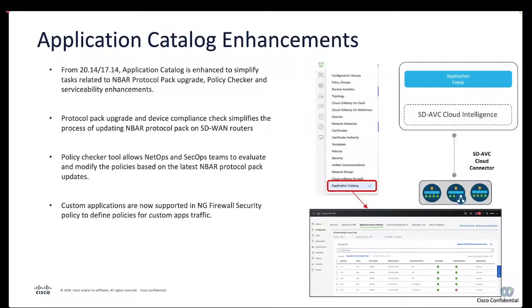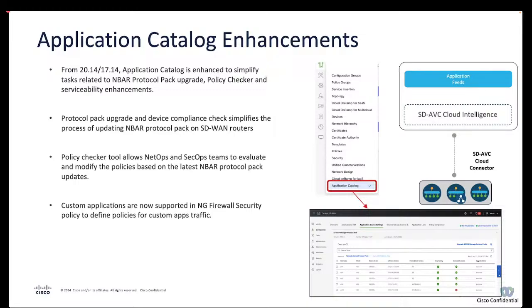So Cisco SD-WAN Manager upgrades the protocol pack on the devices if the device software allows the upgrade, and for that you can download the protocol pack from the Cisco software download portal, which is software.cisco.com, and upload the new protocol pack software into the SD-WAN Manager. And Cisco SD-WAN Manager automatically checks whether each device in the network is using the latest available protocol pack. We call it compliance, and then it will upgrade it if that is required.